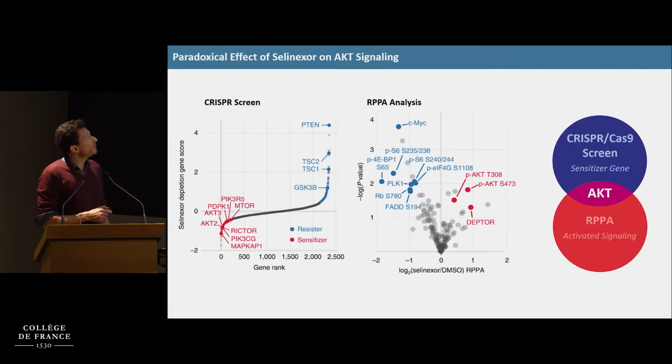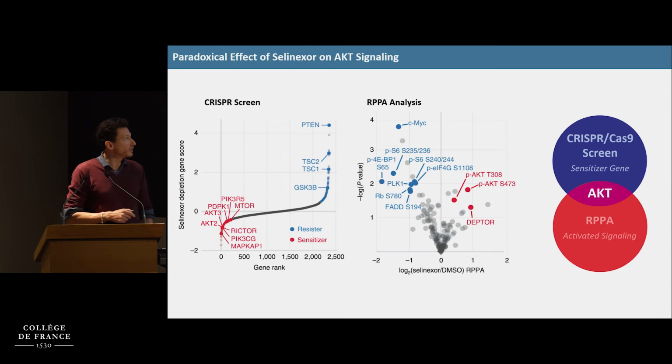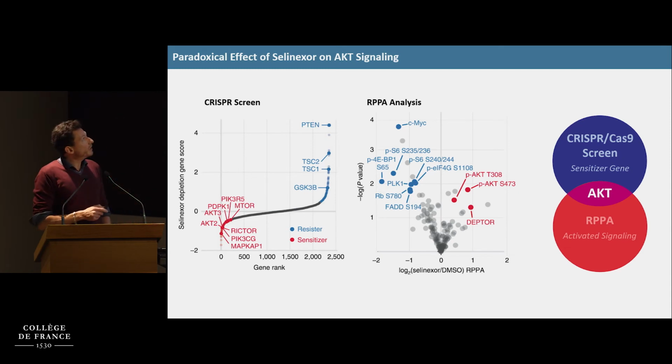So first, we established, using our CRISPR screen, several sets of genes that were sensitizers in the context of selinexor treatment, mostly genes that were related to the AKT signaling or mTOR pathway signaling. And the RPPA analysis was intriguing. Why?